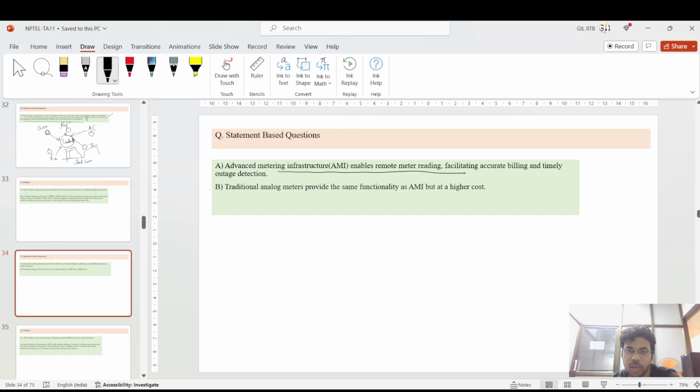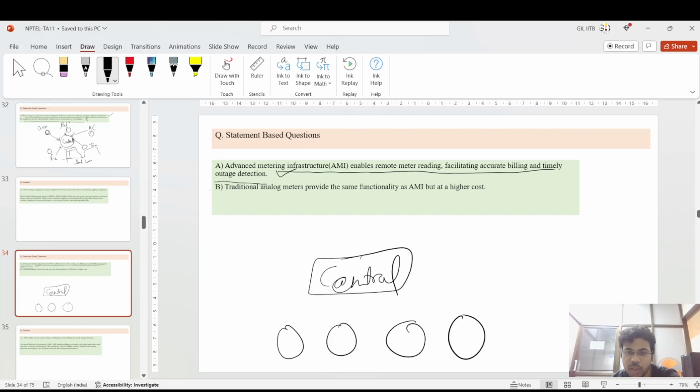The first statement says that advanced metering infrastructure enables remote meter reading, facilitates accurate billing, and timely outage detection. That is true, because in advanced metering infrastructure, a central controller is also there, and multiple homes transfer data to the central management system, which observes the data and determines which homes are high power consuming.